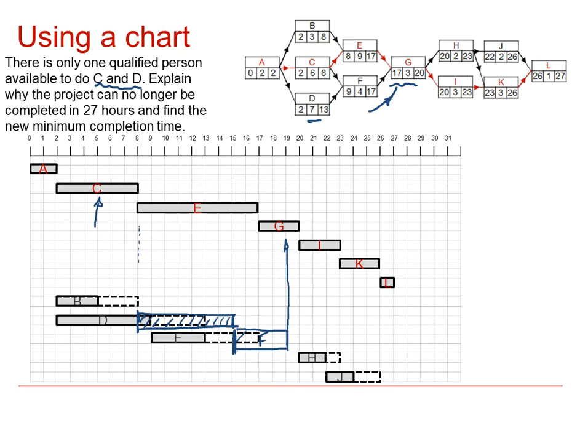Now there's the problem, because G is on the critical path, which means G is going to be 2 hours late starting, and that pushes on I, which is going to be 2 hours late, and K. So I will be 2 hours late starting, and so I will be here and will finish at this time here, which is 29. So instead of being completed at time 27, we've now got this delay of 2 hours, which means that the end time is going to be at 29.